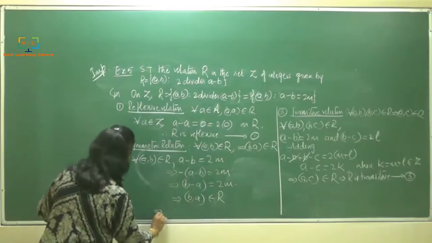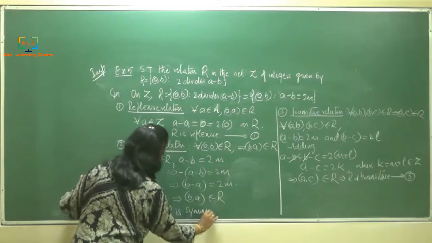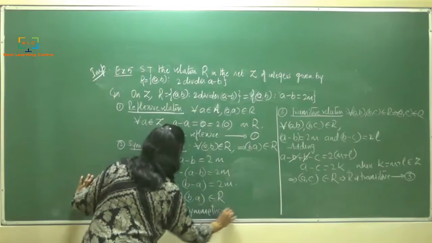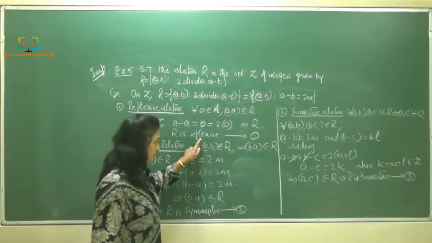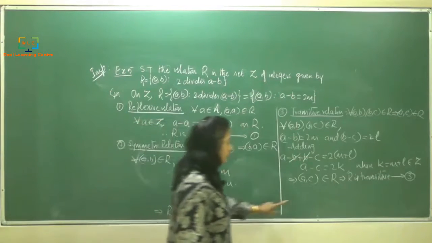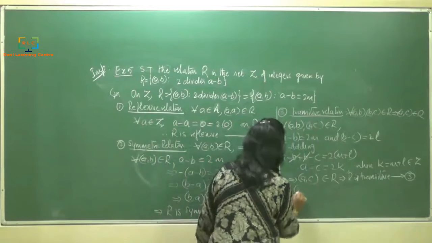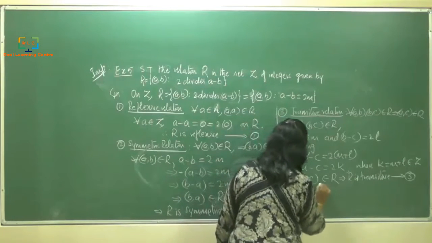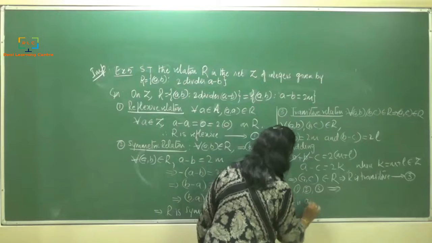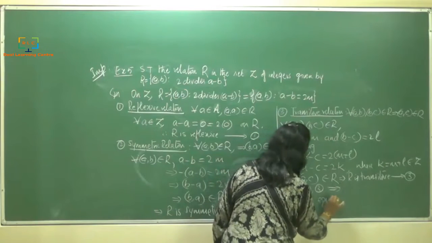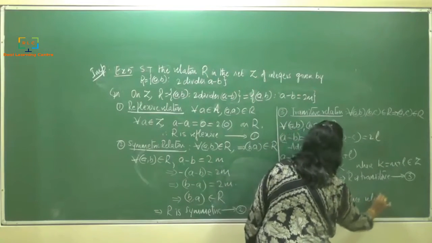So this implies that R is symmetric. Statement number 2. So R is reflexive, R is symmetric and R is transitive. Therefore R is an equivalence relation. So you can say 1, 2, 3 implies R is an equivalence relation.